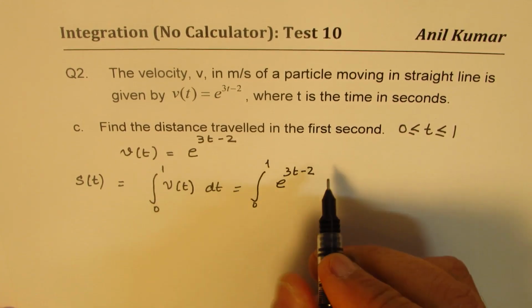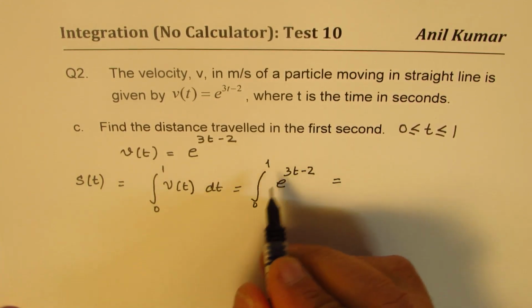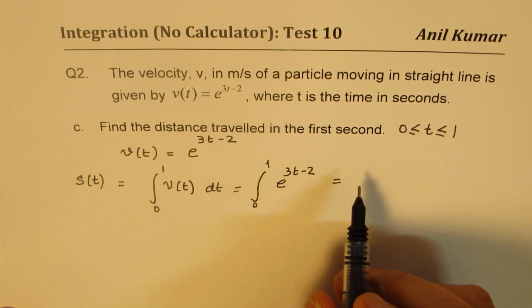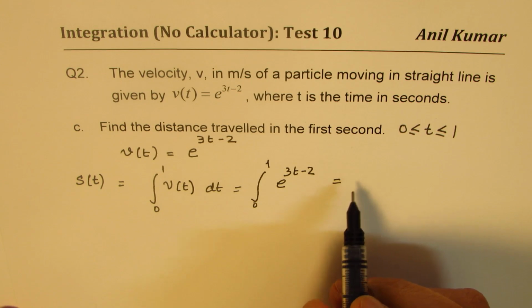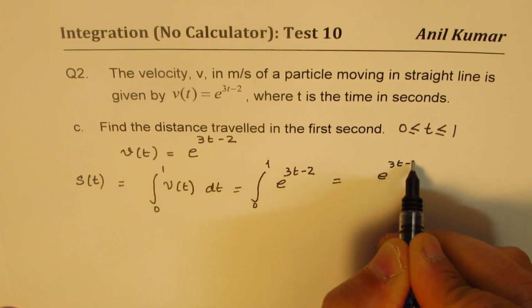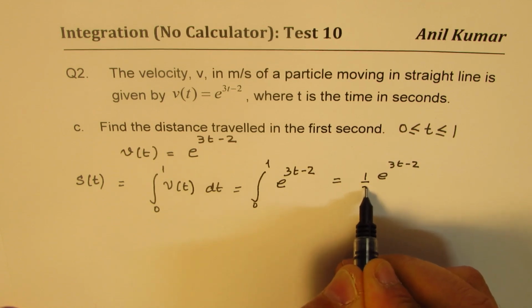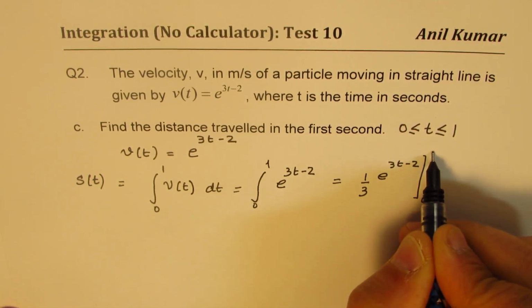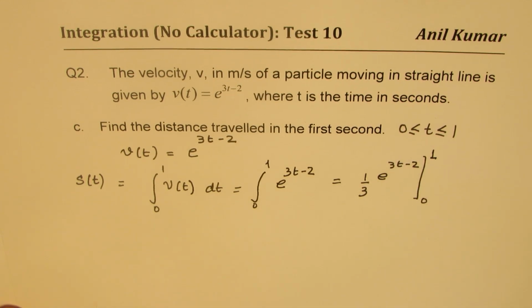Now we'll apply the antiderivative rules to find the solution. So we get this as the function e to the power of 3t minus 2 divided by 3. And we are going to look into the limits from 0 to 1, right?